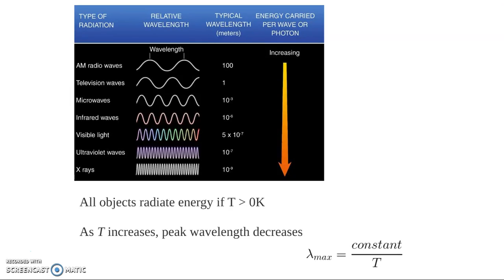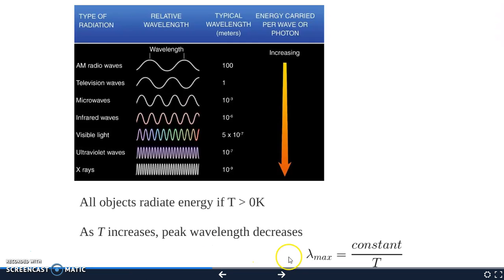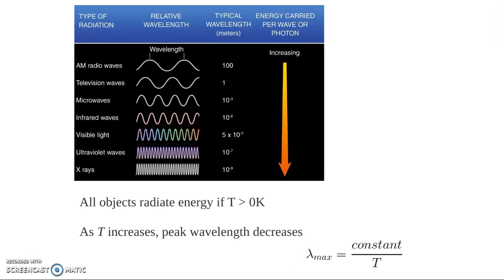Now, what type of wavelength it emits depends on the temperature of the object. Here is an equation on the bottom right of your screen saying that the wavelength, which is indicated by this upside down Y looking character, the wavelength of radiation is going to be some constant number divided by the temperature of that object.